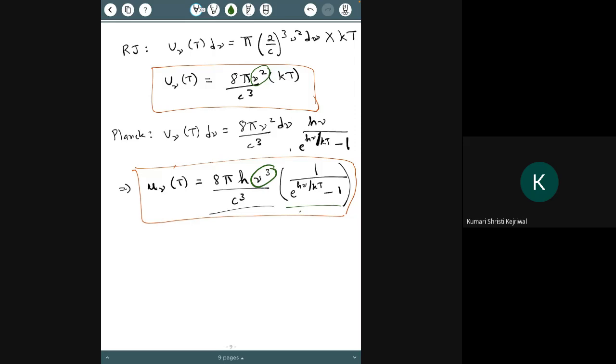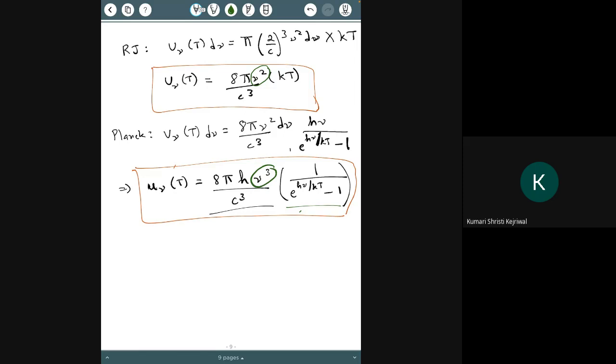Since this is an exponential function, it increases at a faster rate than nu cube. So it damps out the dependence on nu cube. Mathematically, as you go to larger and larger nu, the denominator starts becoming much larger than the nu cube. That is what you say, that the exponential factor in Planck's law damps the nu cube dependence in it.